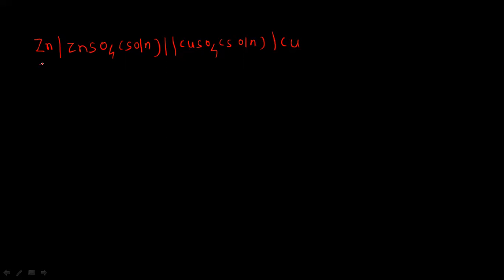Two electrodes are there. This is one half cell and this is another half cell. So a galvanic cell is the combination of two half cells. To construct a galvanic cell or an electrochemical cell, we require two half cells.